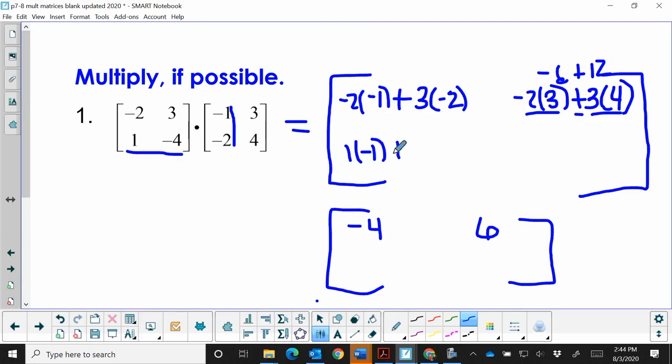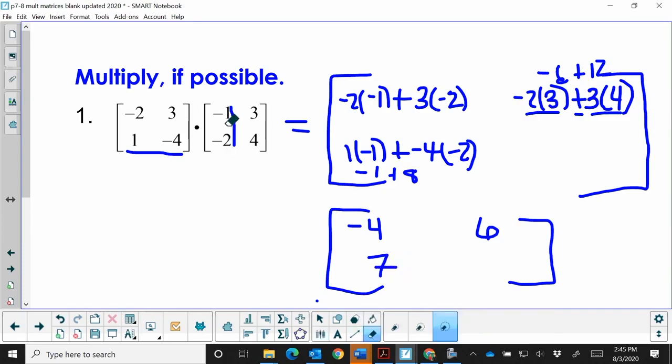We're going to add to it -4 times -2. And I'll just do my scratch work here. -1 plus 8. That's going to give me +7. Now there's a lot of room for arithmetic errors, so be very careful as you're multiplying and adding here.